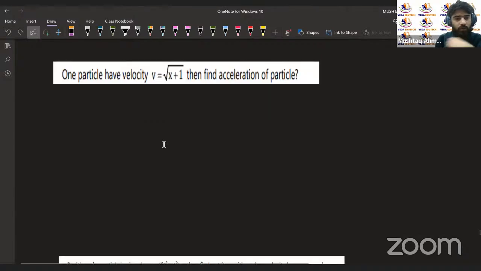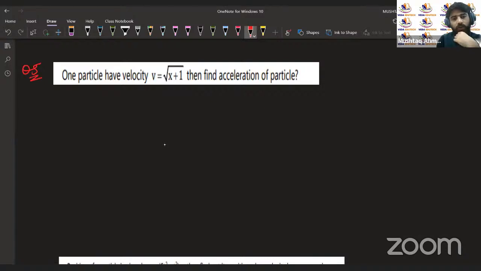Now let's move on to question number 5. In question number 5, a particle has velocity given as under root of x plus 1, right? We know that we can write acceleration as dv over dt. We can also write this acceleration as dv over dx multiplied by dx over dt, right?